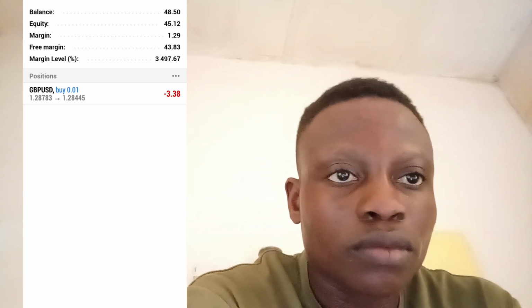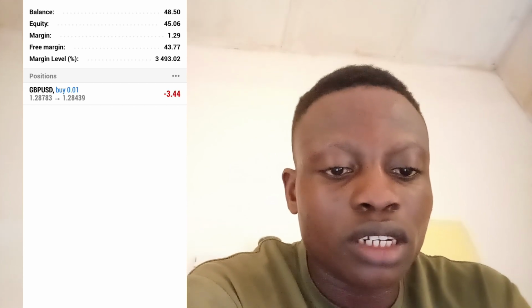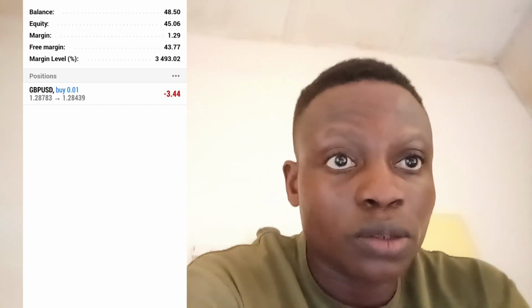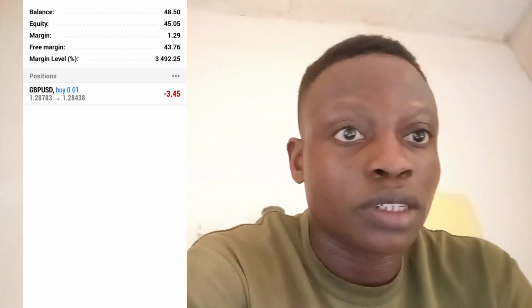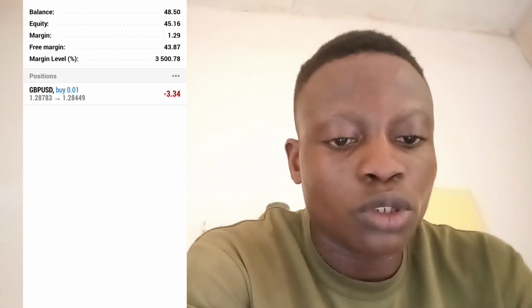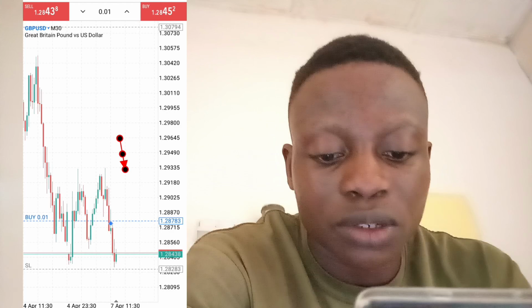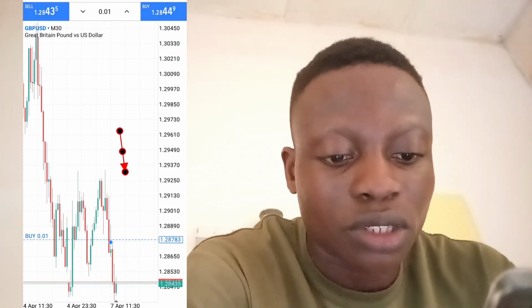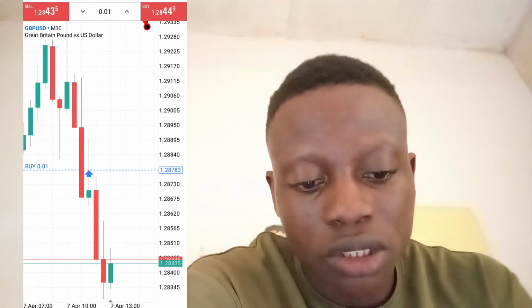Minus 3.44, you get one. So this is how far the trade has been moving. Not moving well, but we hope this particular candlestick will close bullish.